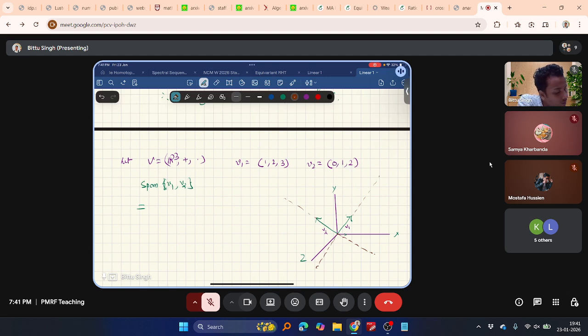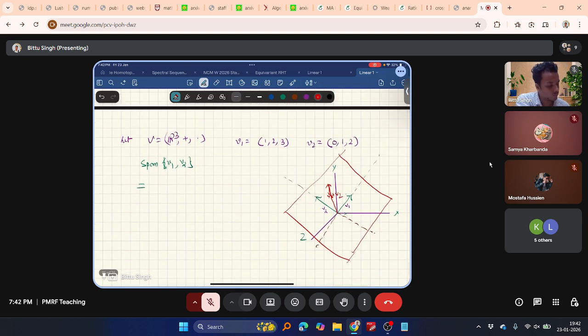So their linear combination actually represents a plane. For example, if we add v1 and v2, we'll get some element like this, v1 plus v2. So all the elements in the plane can be written as a linear combination of v1, v2. So the linear combination represents this plane, the plane which contains both v1 and v2.